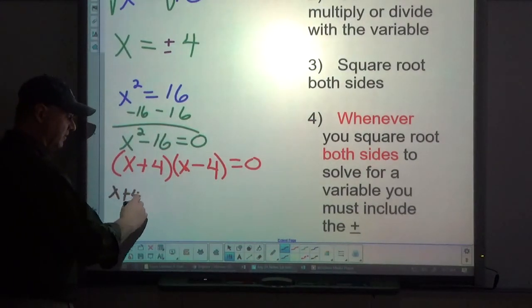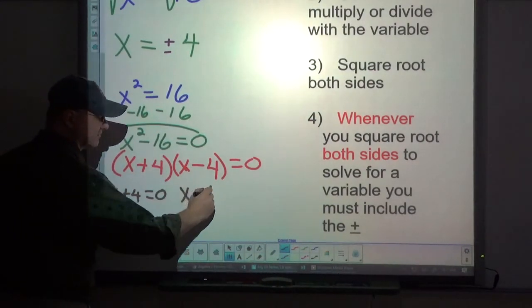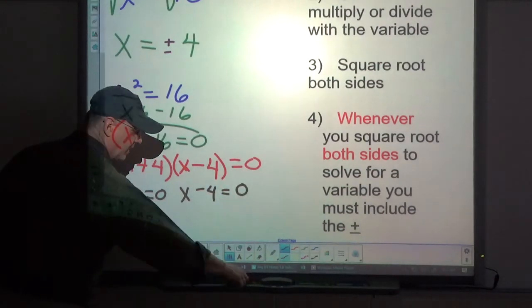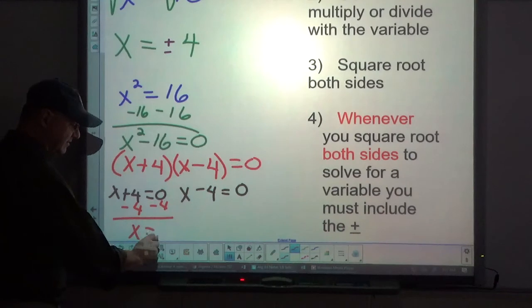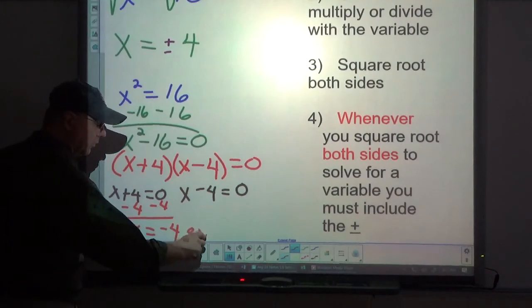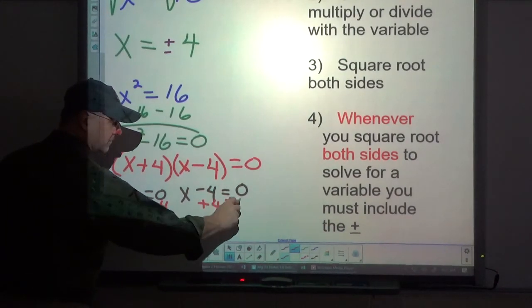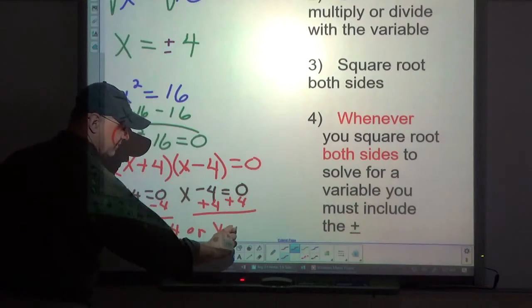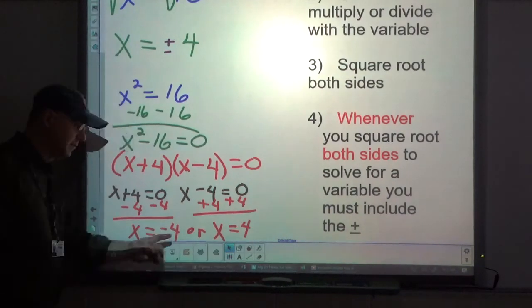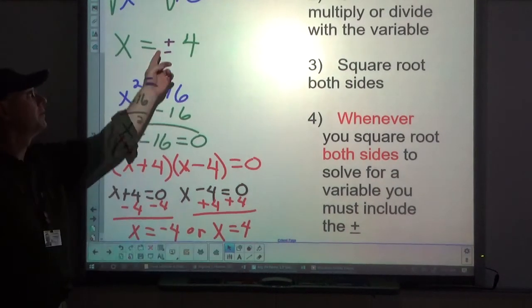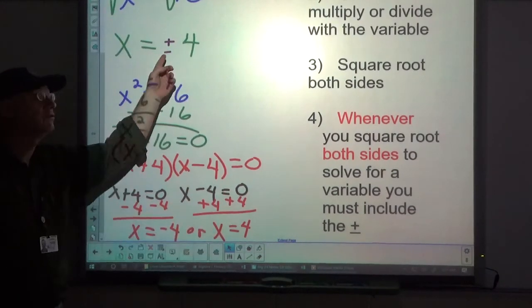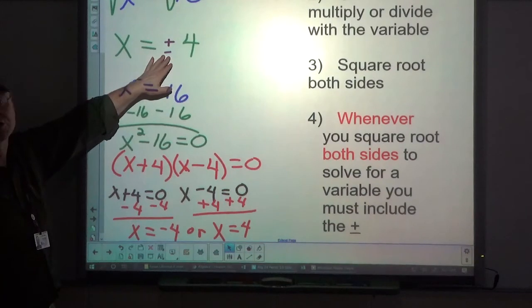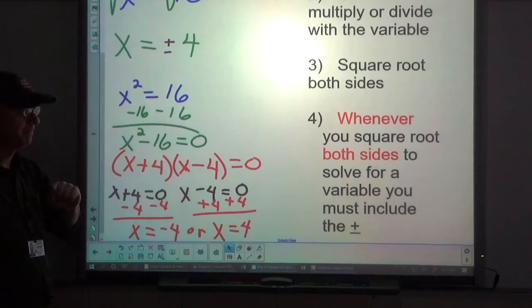X plus 4 equals 0, x minus 4 equals 0. And when we solve, x is negative 4, or x equals positive 4. The positive and negative 4, plus minus 4, means the same thing, just written two different ways. This is just like a shortcut version of writing that.